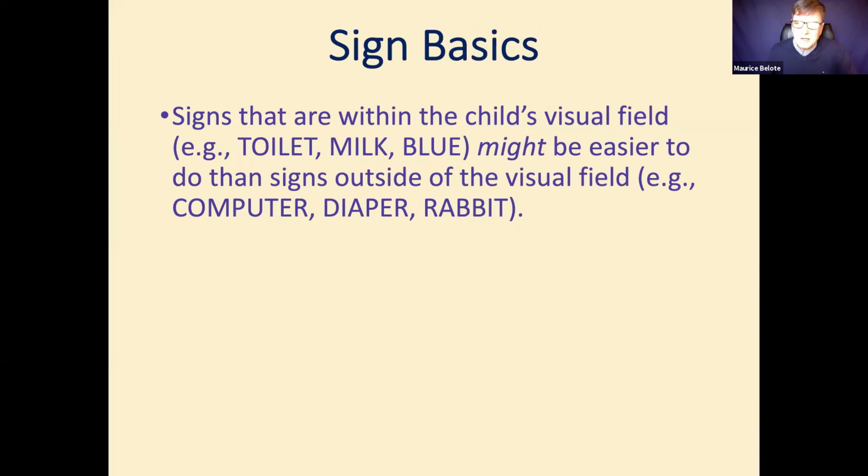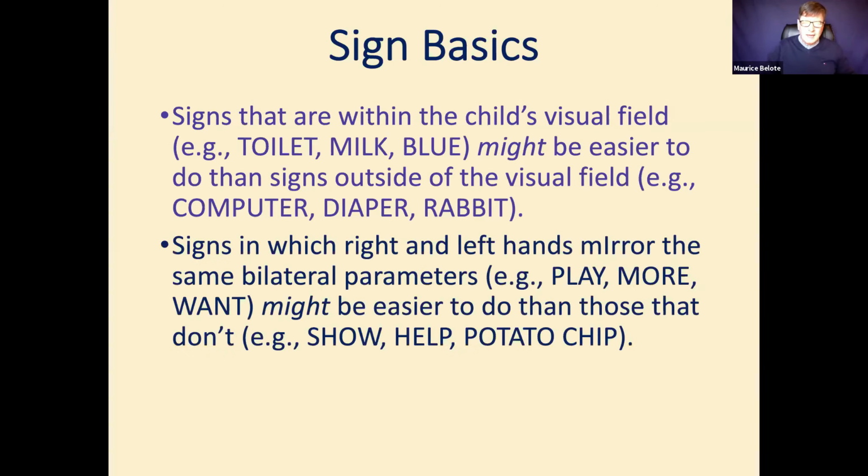Remember that signs that are within the child's visual field, if they have vision, might be easier than signs that they can't see themselves when they make the signs. And signs where the right and left hands are doing the same basic movement might be easier than those that don't.